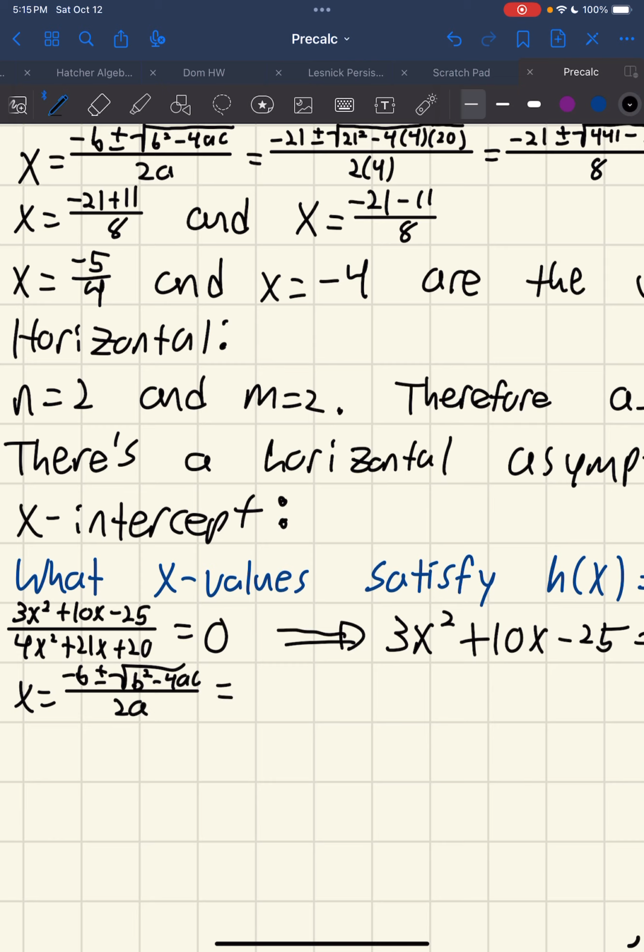So again, b is 10, so we'll get negative 10 plus minus square root b squared, which is 100, minus 4ac, which would be 4 times 3 times 25. Something seems wrong there. What am I doing wrong?